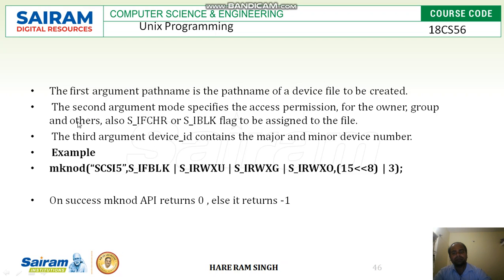Now the first argument, path name, is the path name of the device file, which I already told. The second argument, mode, specifies the access permission for the owner, group and others. And also S_IFCHR and S_IFBLK: if it is a block device file, the S_IFBLK flag will be assigned.